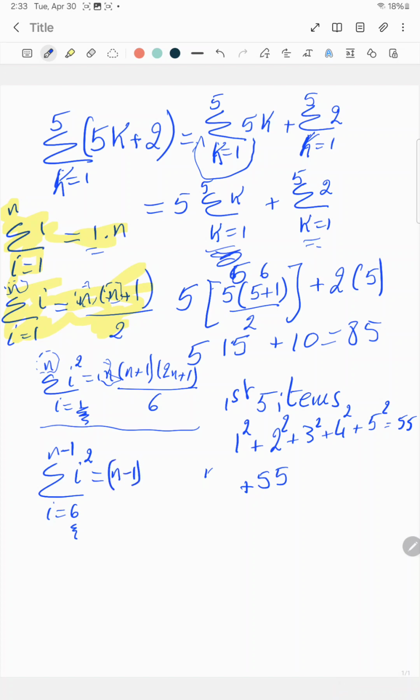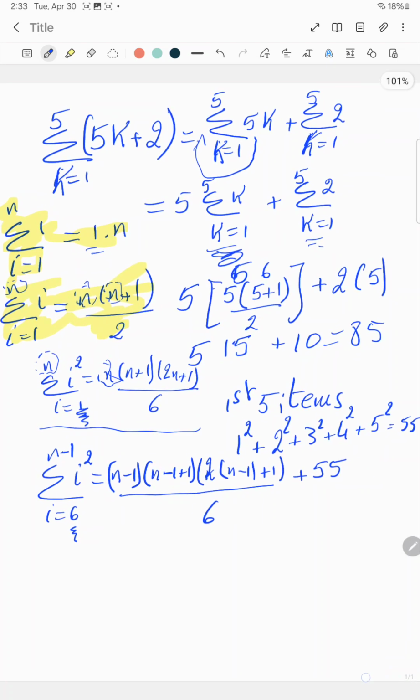I replace every n by n minus 1: n minus 1 times n minus 1 plus 1 times 2 (let me take out the 55 from here) times 2, and I replace n by n minus 1 plus 1, divided by 6, and I add the 55 to it because of the first 5 terms.